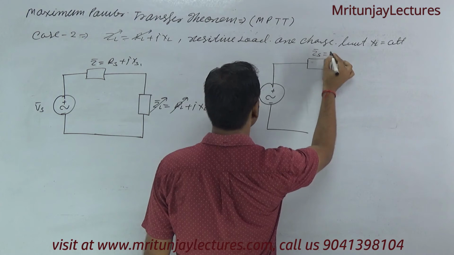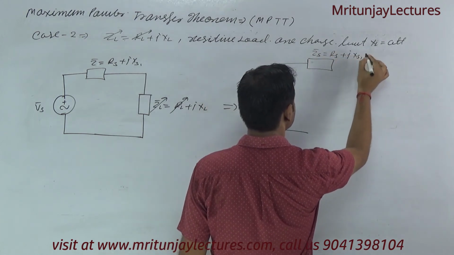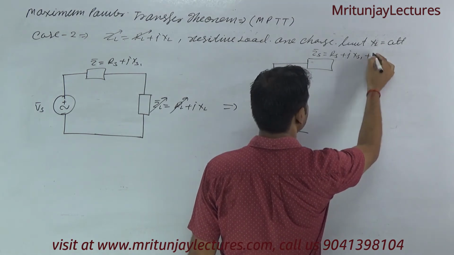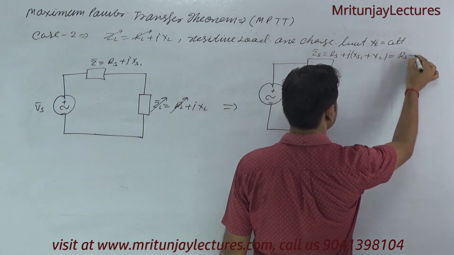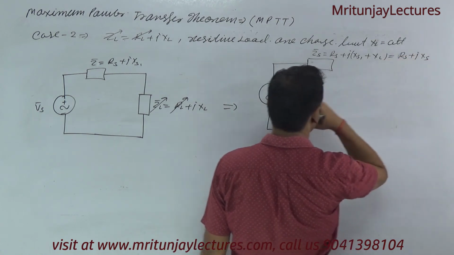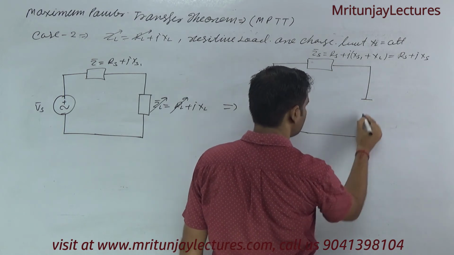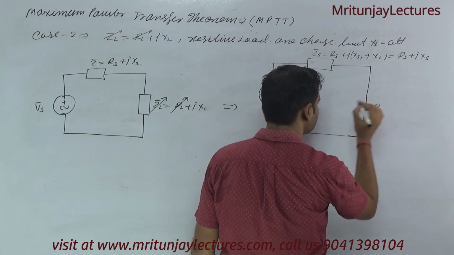Suppose that ZS is written as RS plus J S1 plus J XL. Okay, and load here is only RL.